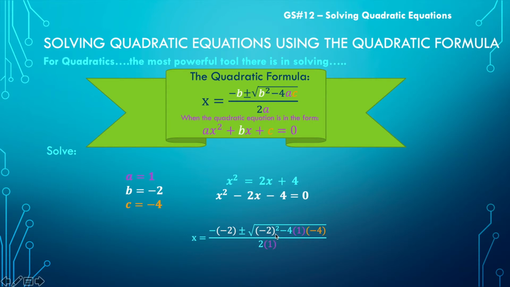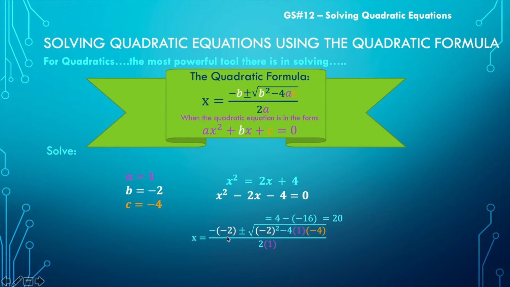Let's take negative 2 and square it, and that would give us 4 minus 4 times 1 times negative 4. Well, 4 times 1 times negative 4 is negative 16. So I have 4 minus negative 16 under the radical, which is the same as 20, because that minus negative turns into a plus.